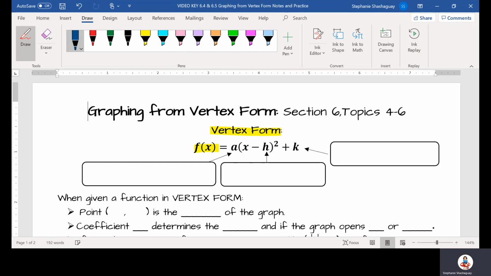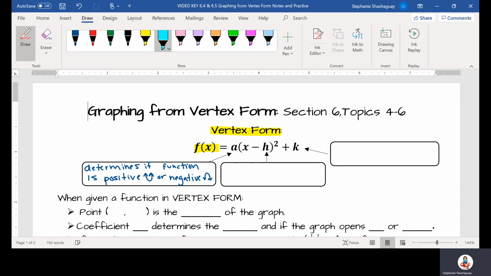The a in vertex form determines if the function is positive, meaning the parabola opens up, or negative, meaning the parabola opens down.